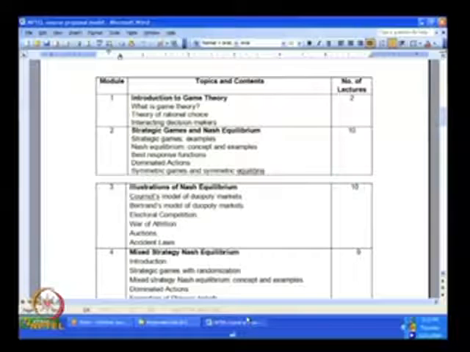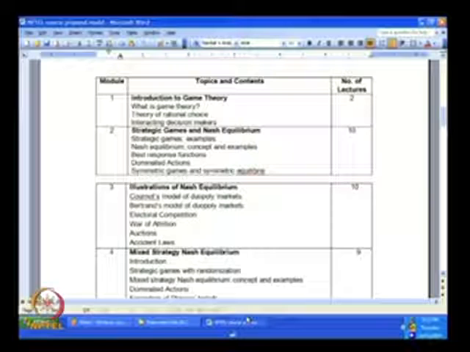Let me just take you over the entire syllabus that we are going to cover in this course. So here is the syllabus. We start with introduction of game theory. What is a game? What it essentially deals with?